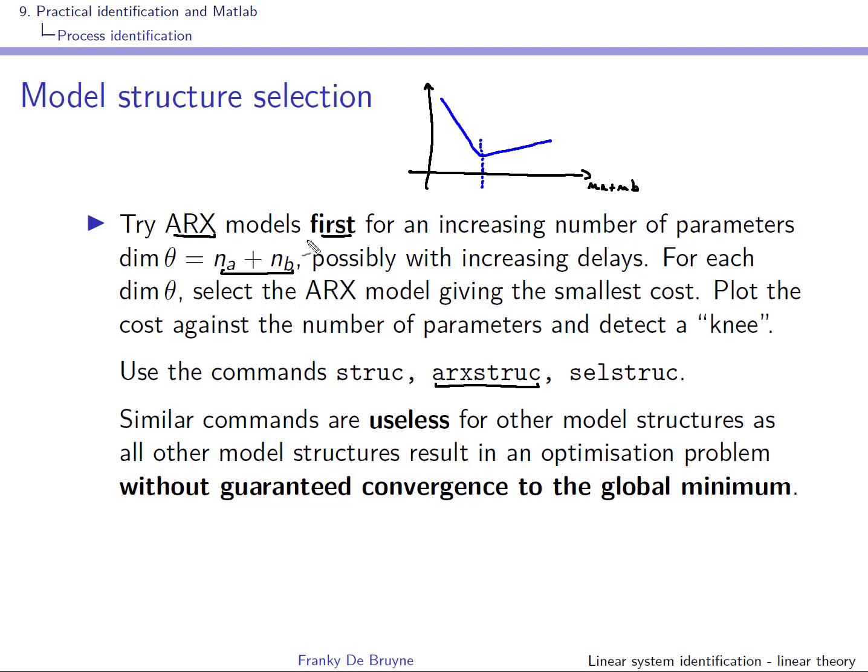So start with ARX models, identify a whole bunch of them, and select, on validation data, remember, the number of parameters that corresponds to a knee in that type of plot.